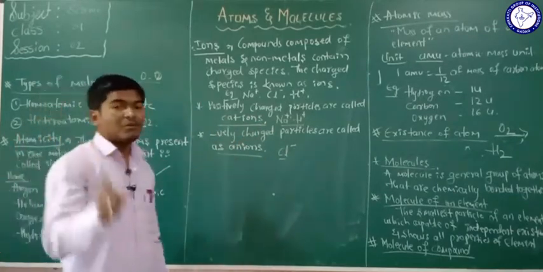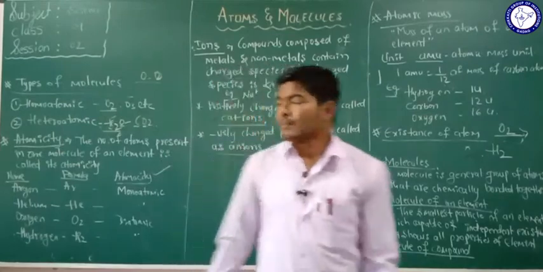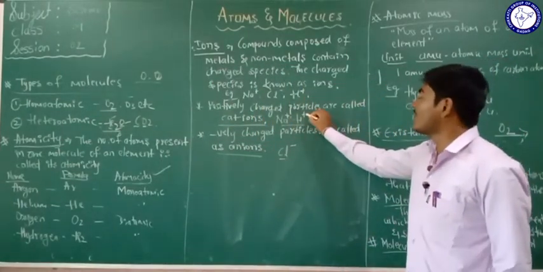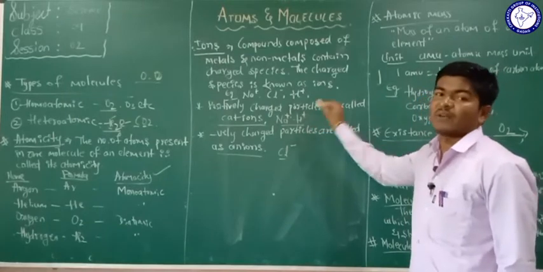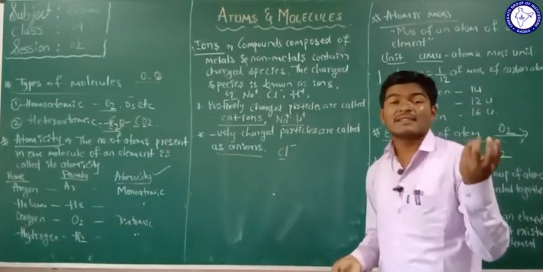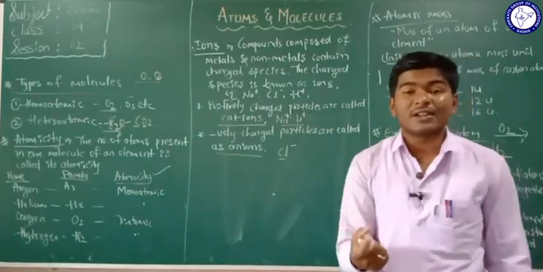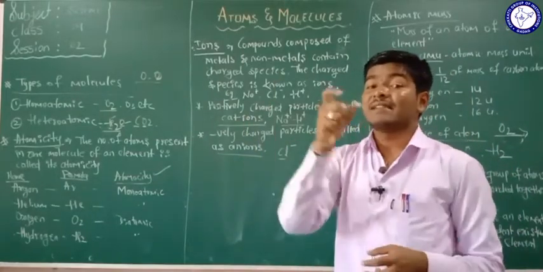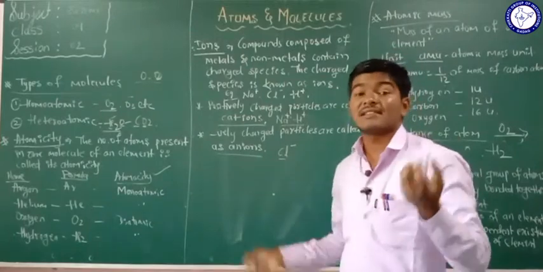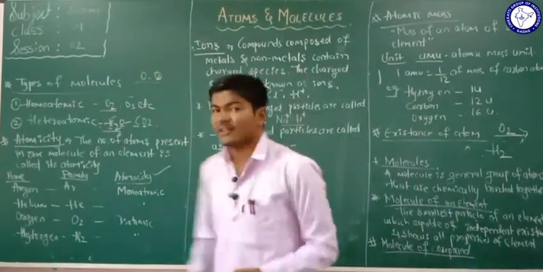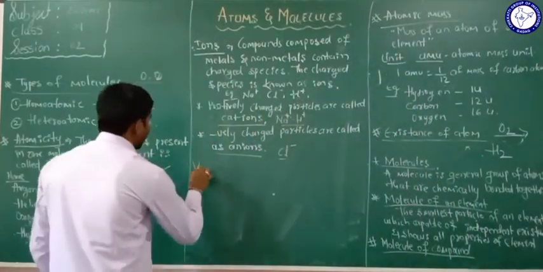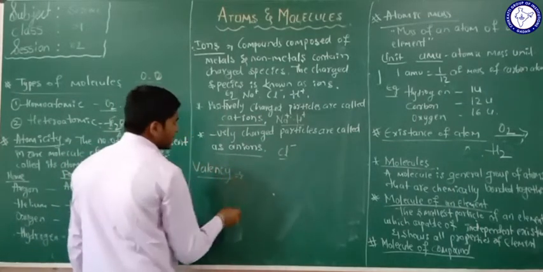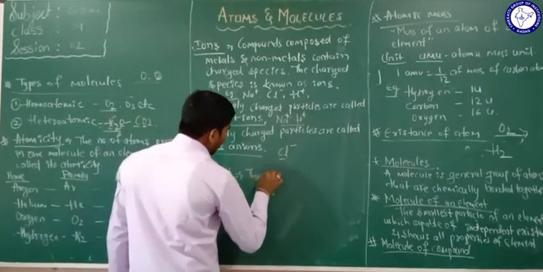And you have to remember here, based on the valency, we write down the number of charges. What is valency? Valency is the capacity of an atom to share electrons with another atom.